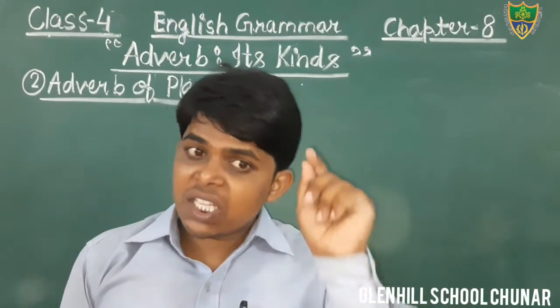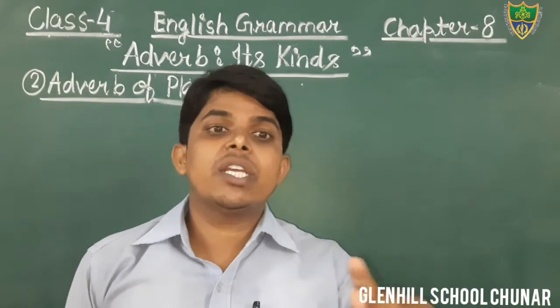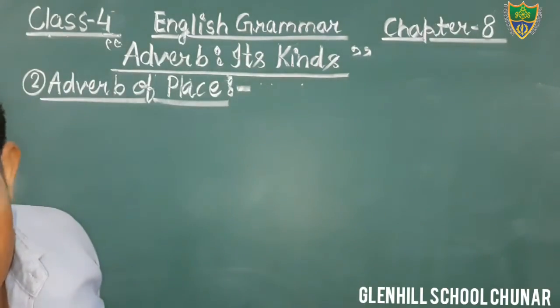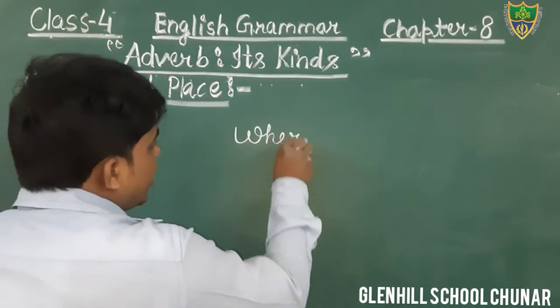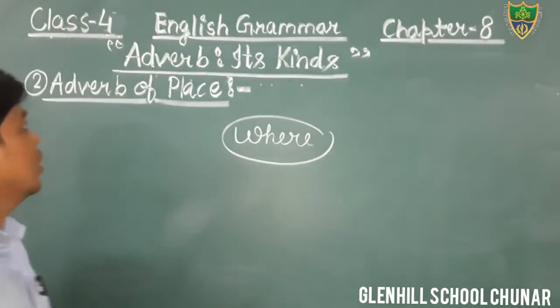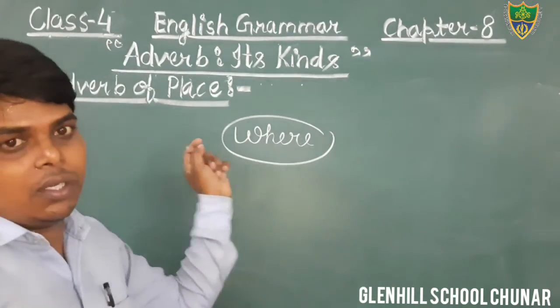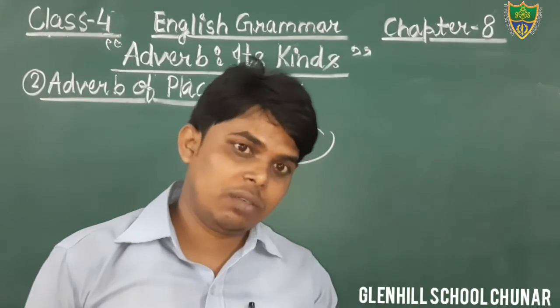Where an action is taking place. It gives the answer to the question where. It tells where an action is taking place. Adverb of place indicates the place of an action.